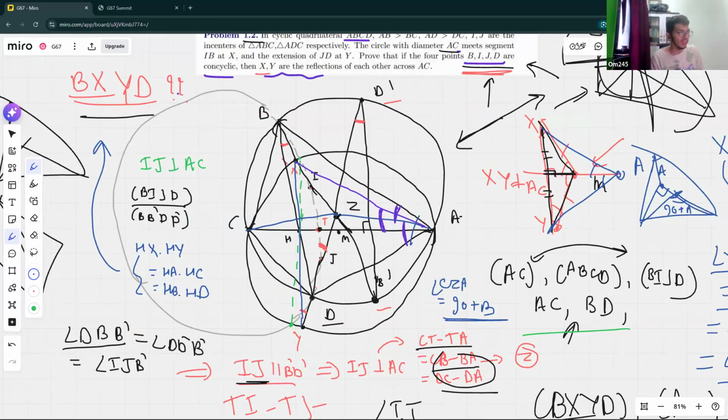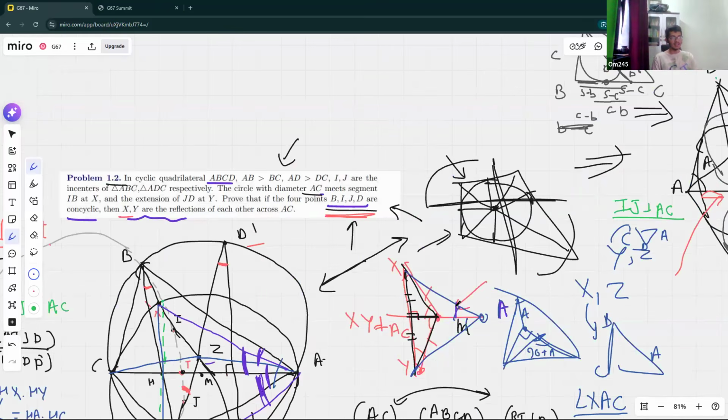And by the same proof, Z and Y are isogonal conjugates, so angle ZAD has to equal angle ZAY. This gives us angle XAC is equal to YAC. So it's basically saying we have some point A on this line, this angle is equal to this angle, and M is a center and MX is equal to MY.